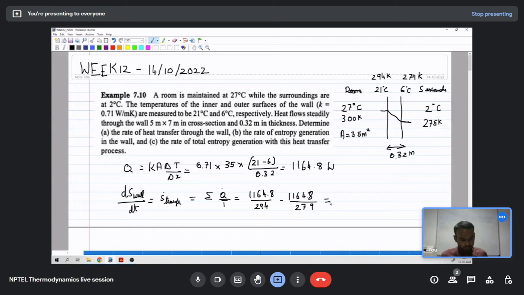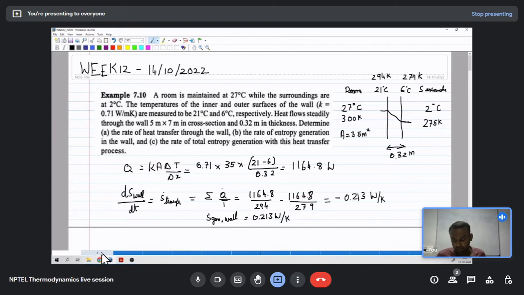So this is minus 0.213 watt per Kelvin. That means the entropy generation through the wall is 0.213 watt per Kelvin.